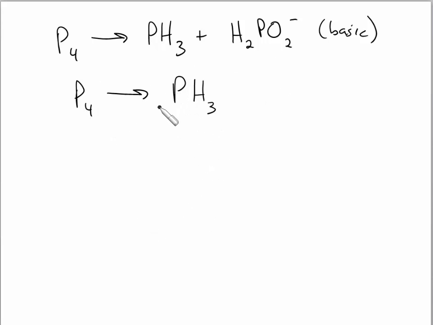All right. First thing, we want to balance out everything except hydrogen and oxygen. Do hydrogen and oxygen last. I have 4 phosphorus atoms here, and I need 4 there, which means I'm changing the coefficient in front.